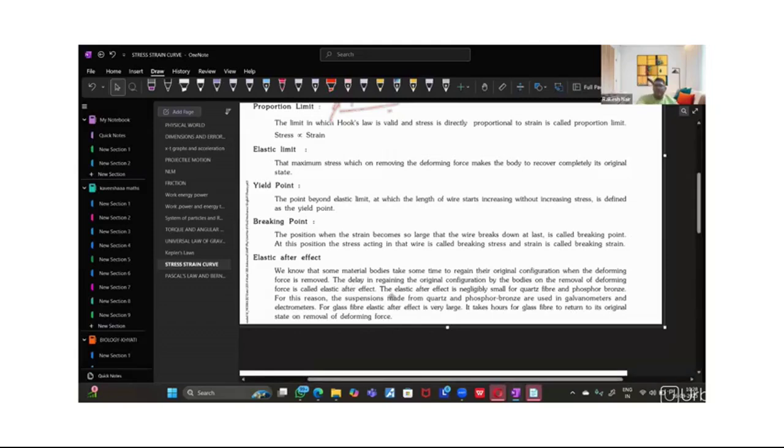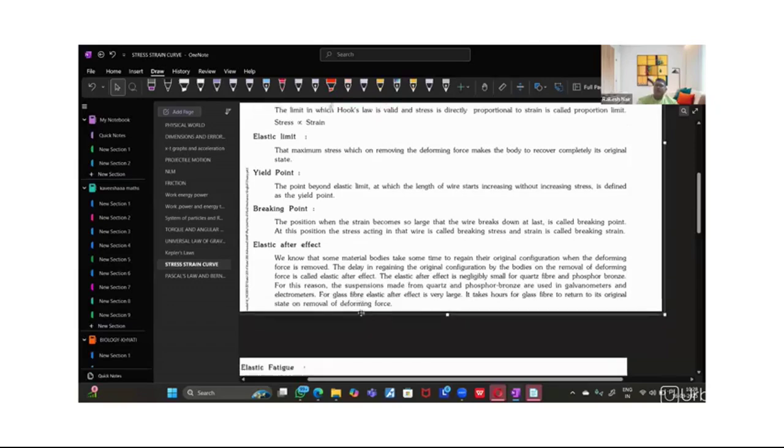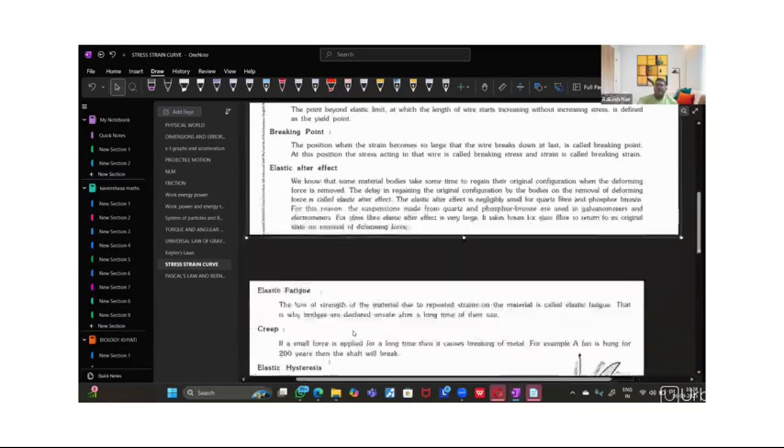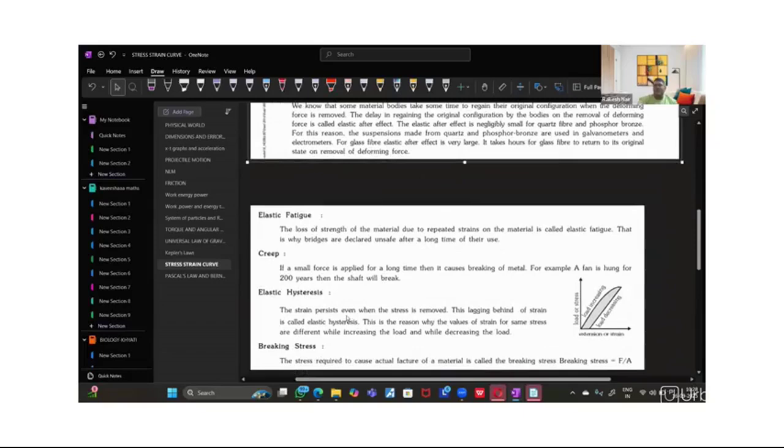There are certain improvements in it, like quartz or phosphor bronze, which are used in galvanometers and electrometers, which reduce the elastic after effect. Then you have the elastic fatigue. The loss of strength of the material due to repeated strains on the material is called the elastic fatigue.